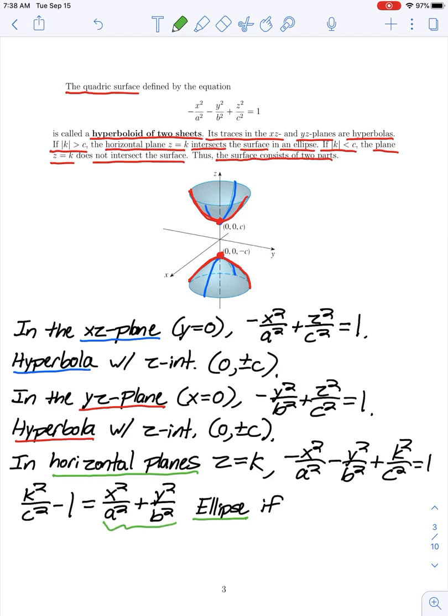On the right-hand side of the equation, I'm adding x squared over a squared plus y squared over b squared. So since everything is being squared, I know that this right-hand side must be non-negative. So the only way that I could have real valued solutions here is if this constant on my left-hand side is greater than or equal to 0.